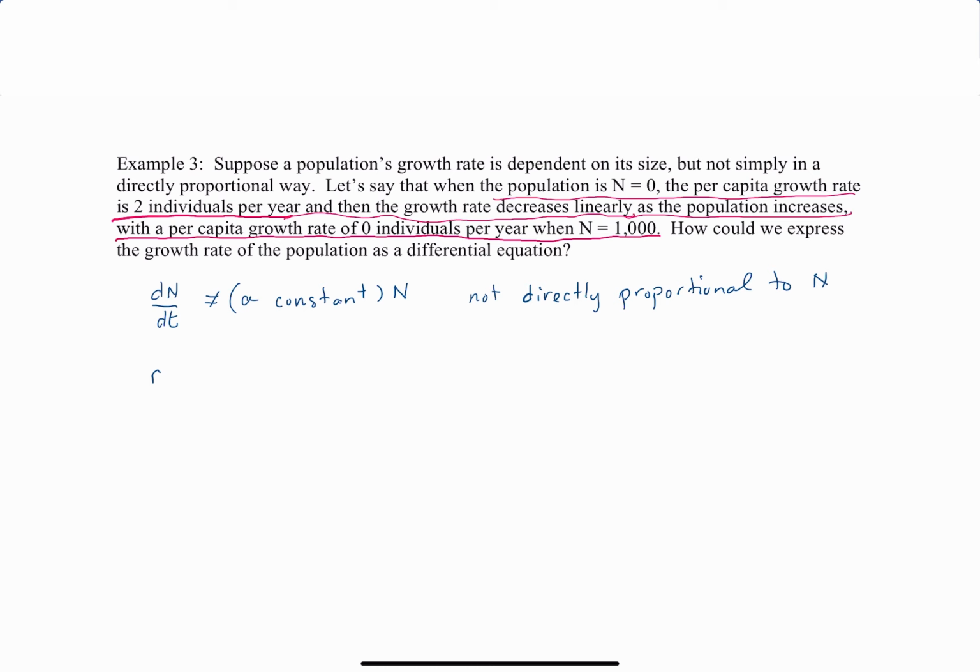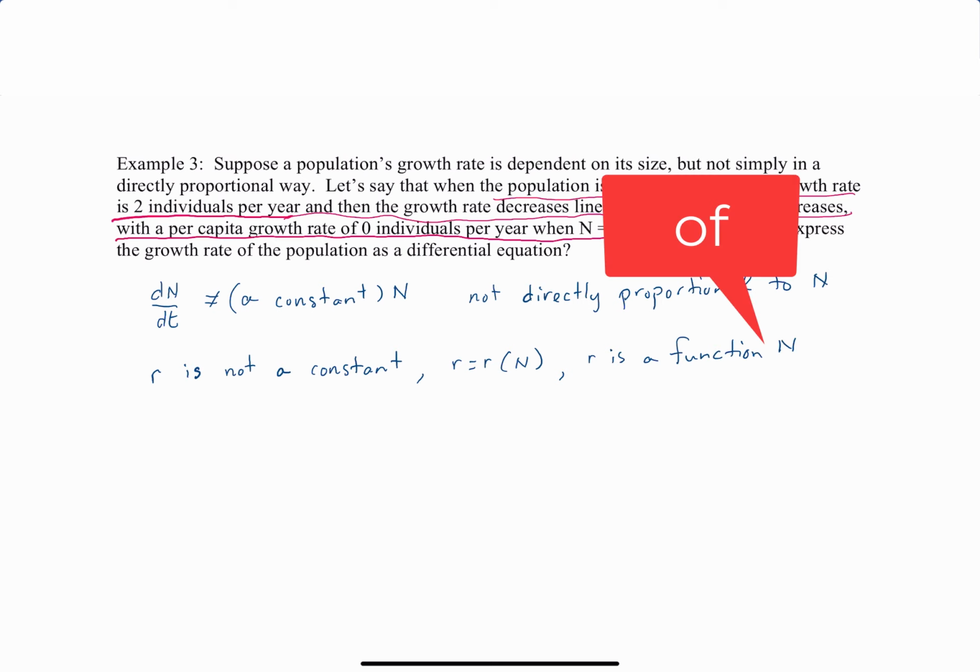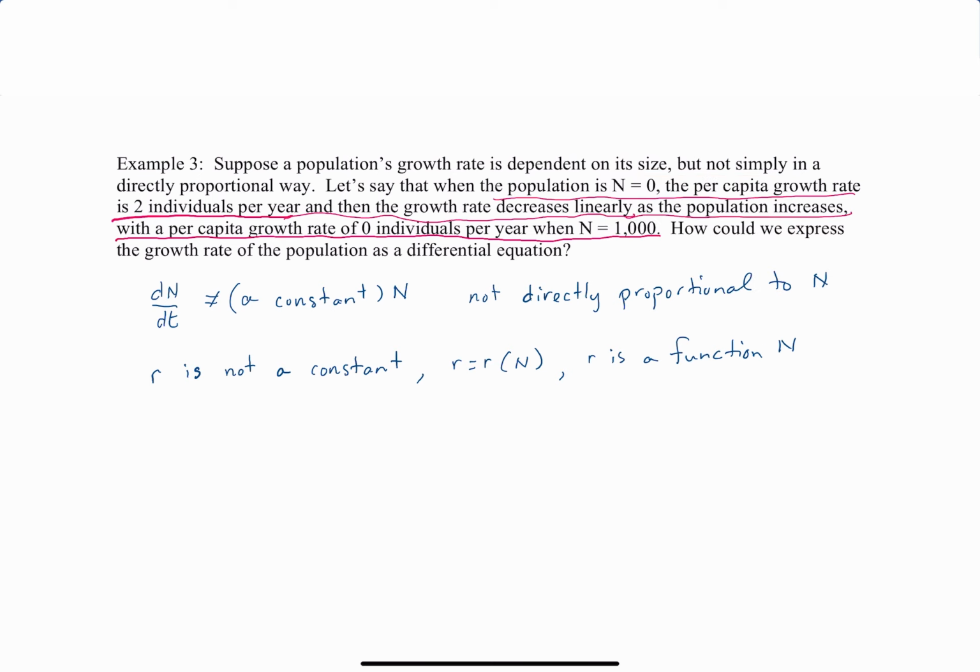This, first of all, is telling us that the per capita growth rate is not a constant. In fact, it's a function of the population size. By the way, in math, when we write something like r equals r of N, that's a shorthand way of saying r is a function of N. Little r is a function of capital N. Now that wouldn't help us too much, except that there's a key word in here that tells us what kind of function it is.